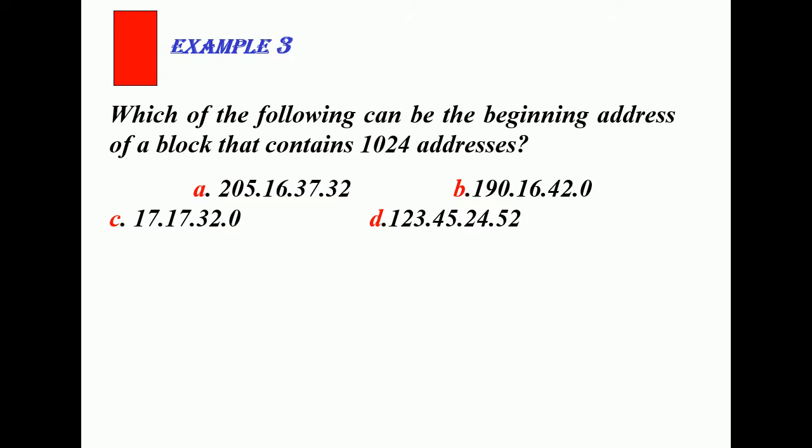Now if a block contains 1024 addresses, then what will be the address which this block belongs to? It's a little bit tricky because 256 means 1 octet, and 1024 means we have to shift to the next octet as well.